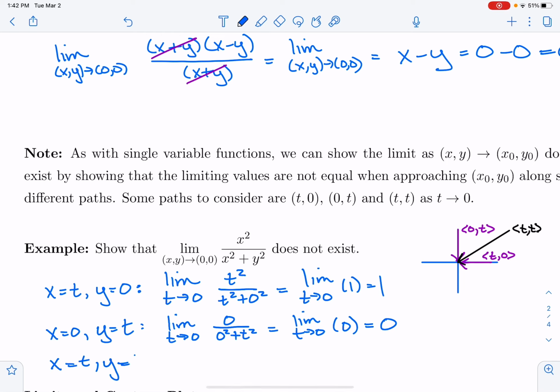Because sometimes you will need to do this path when x is t and y is t. So if we do the limit as t goes to 0 in that case, we would get t squared over t squared plus t squared, and that is going to be the limit as t goes to 0 of t squared over 2t squared.